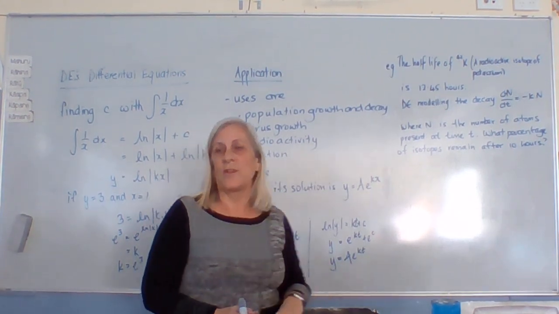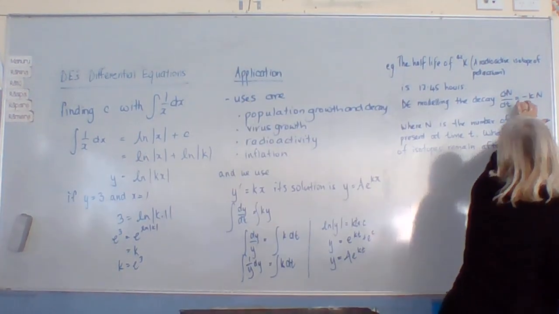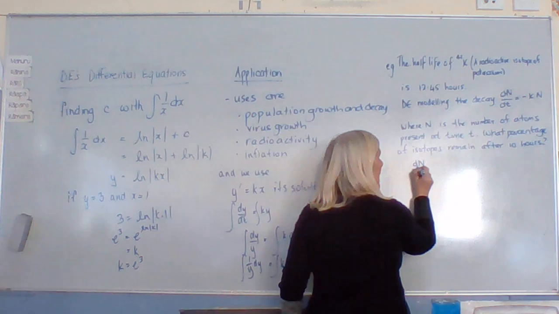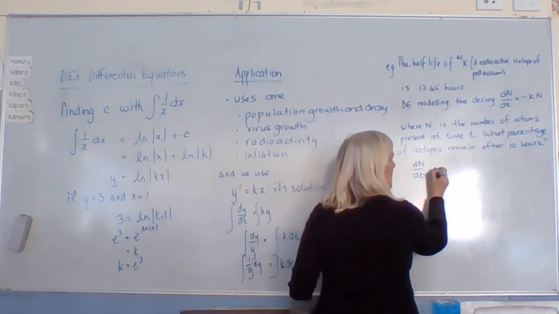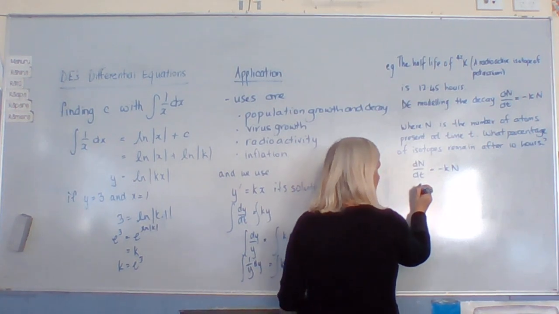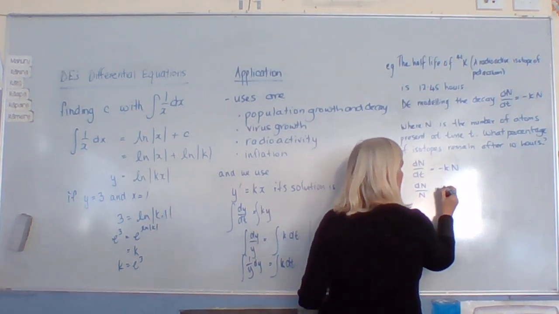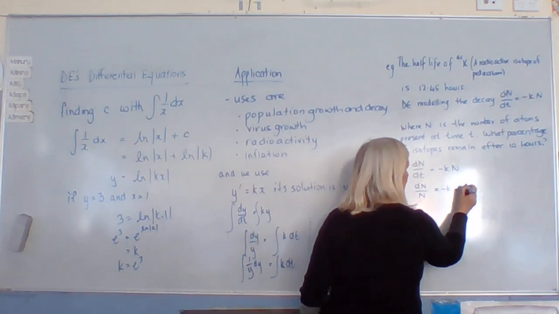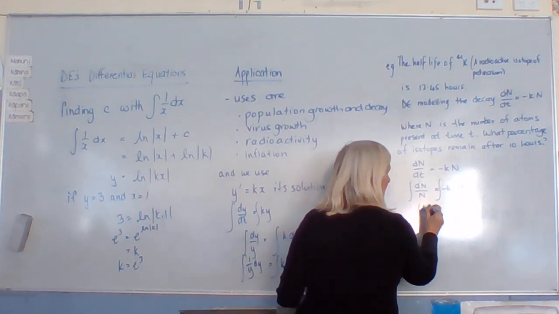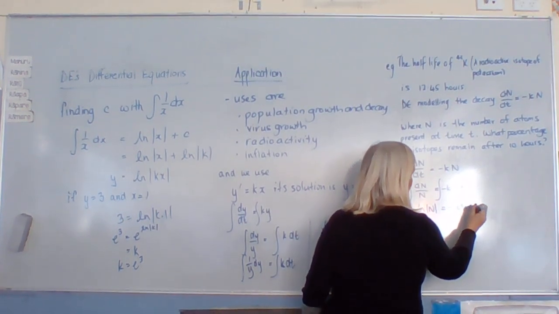So we've got this differential equation, and the first thing we want to do is show that we can get from there to here. So dN by dt equals negative kN. dN over N equals negative k dt. Integrating both sides, ln of N equals negative kt plus c.